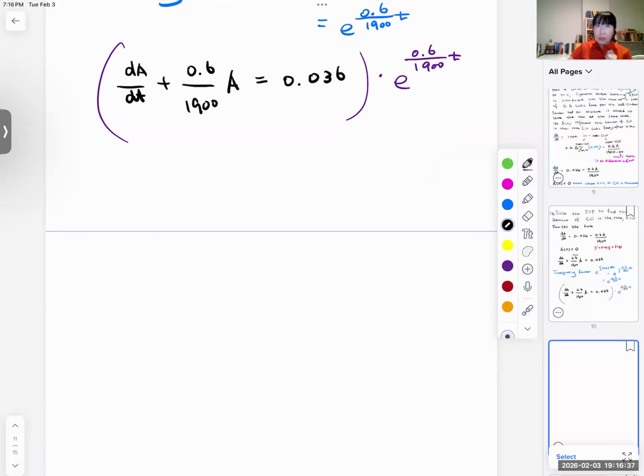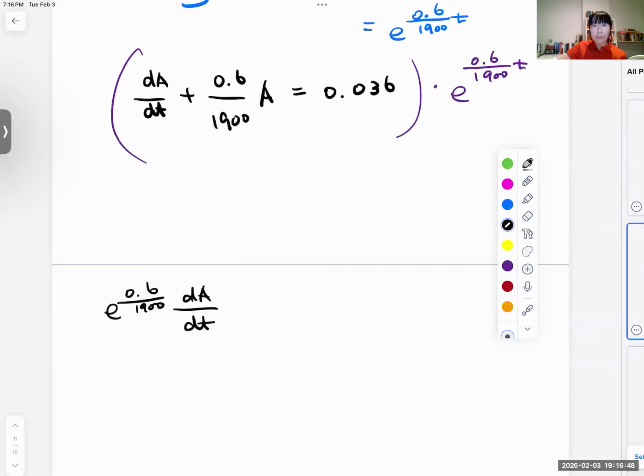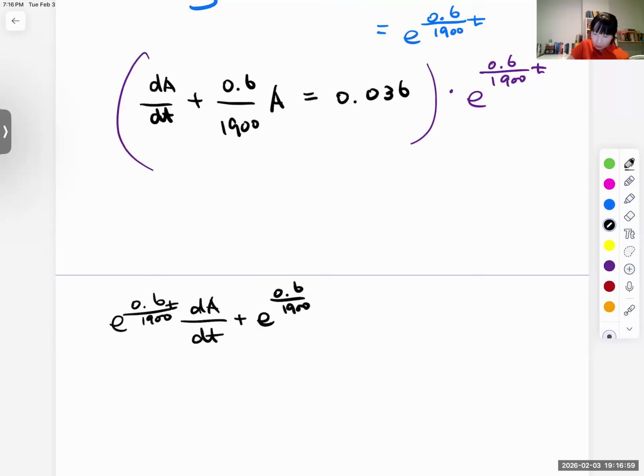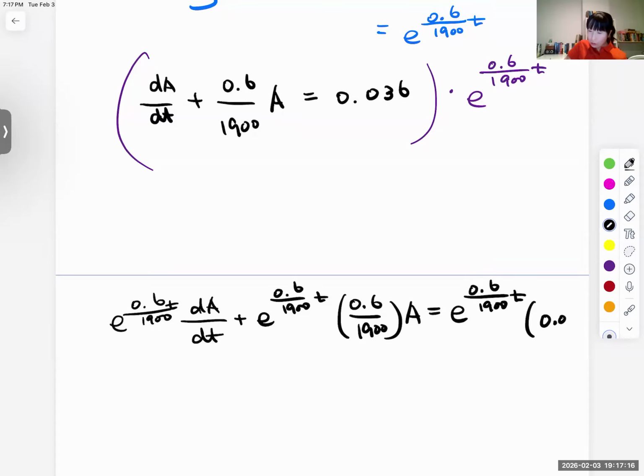Okay, so first term, e to the 0.6 over 1900 t and dA over dt. And second term, we have e to the 0.6 over 1900 t, and we have 0.6 over 1900 constant A equal to e to the 0.6 over 1900 t and 0.036.